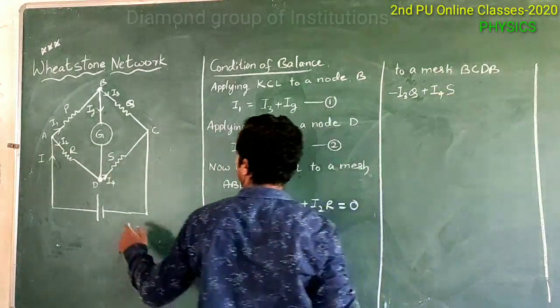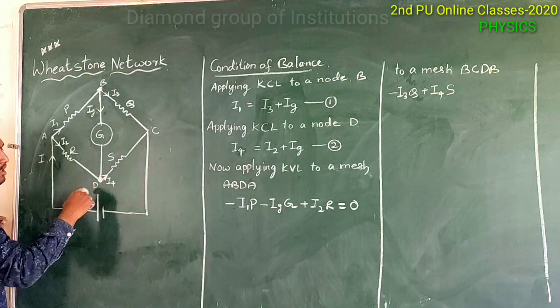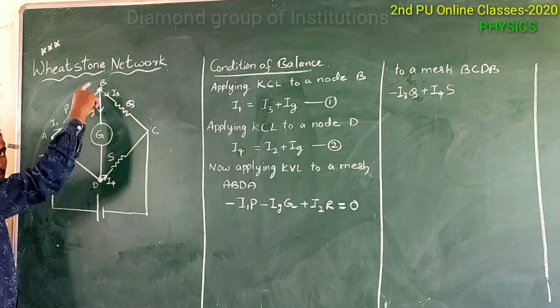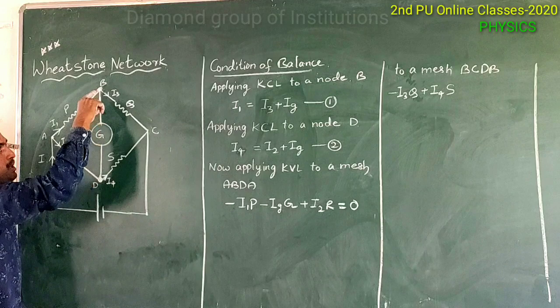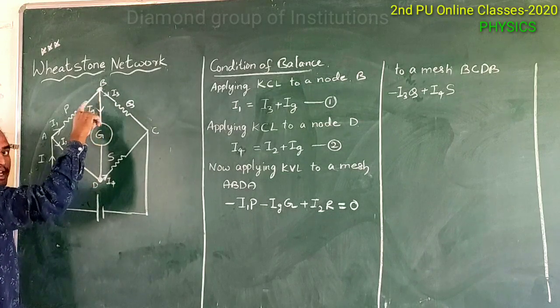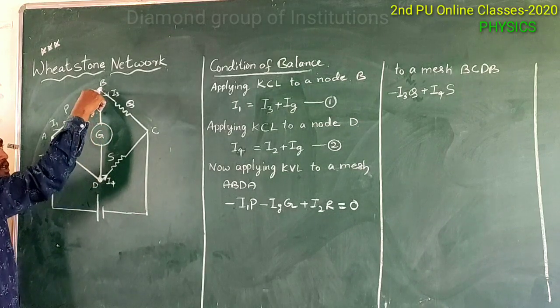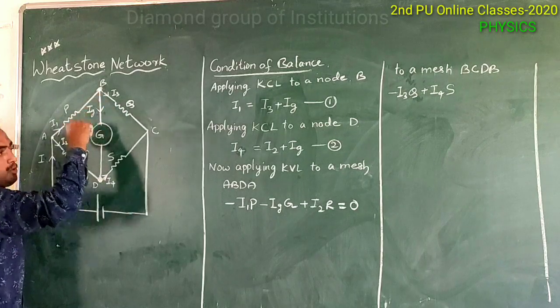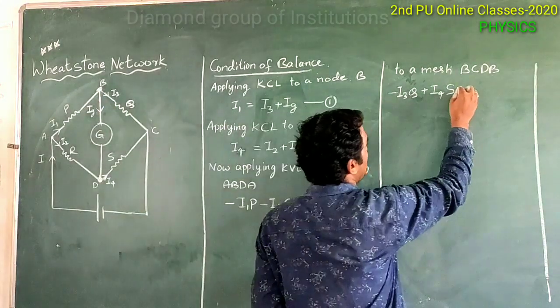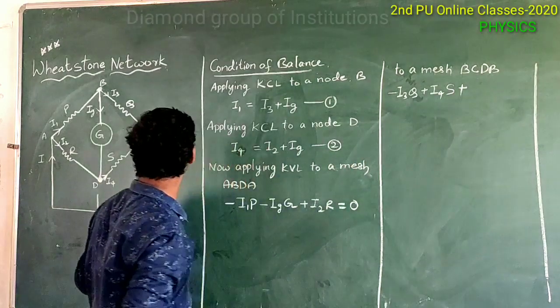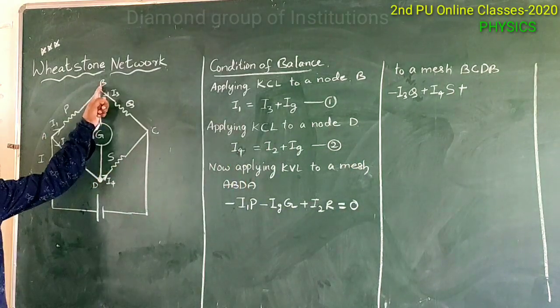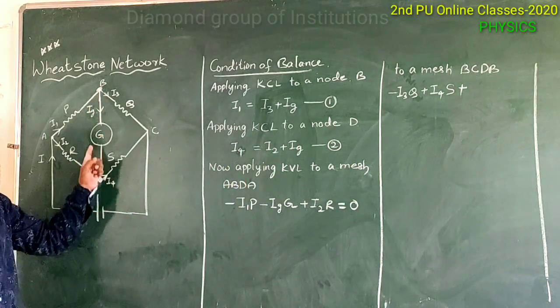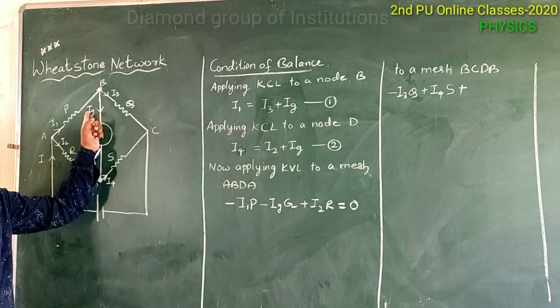Next, we are going from D to B. That means we are closing the path D to B, but here the current direction is opposite. So we are going to write it as positive. See, once again, D to B we are going, the current direction is opposite. So it becomes plus. What is the current here?